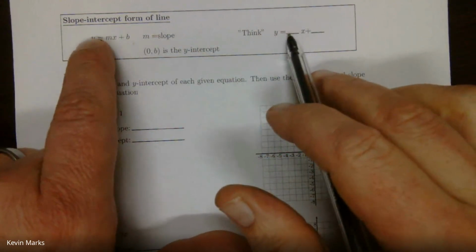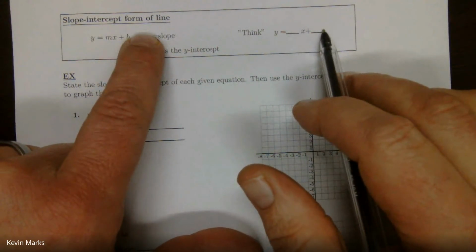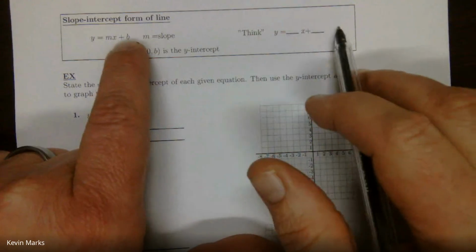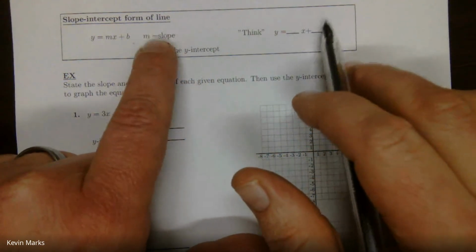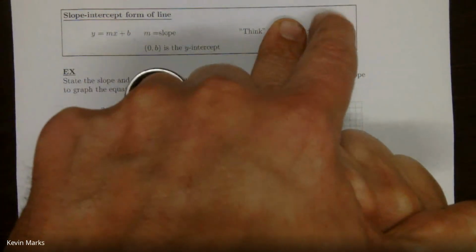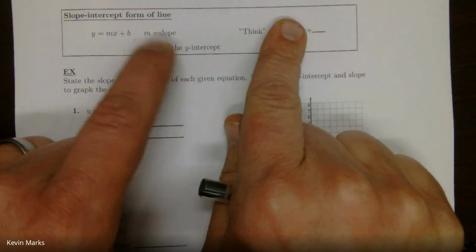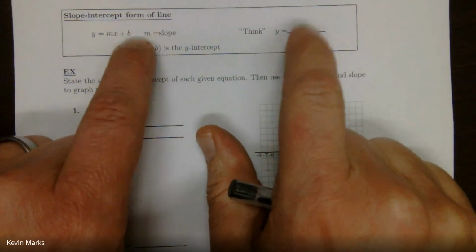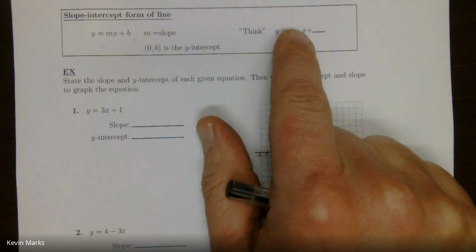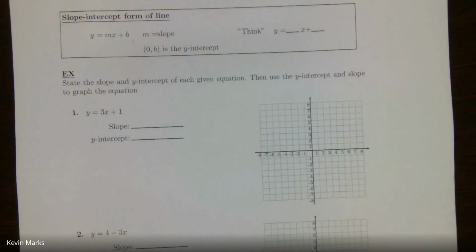There's going to be some number with the x, and some number without the x. The number with the x is your slope. The number without the x is your y-intercept. Think of it as the number you're starting with. That's your intercept. And then you keep adding the same number over and over again. That's the slope. That repeated addition is what causes you to multiply by x, right?